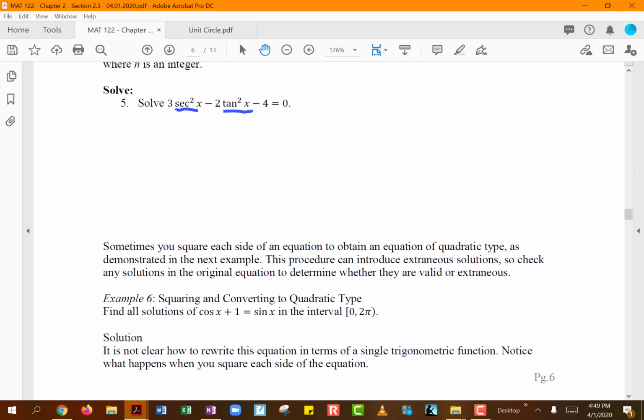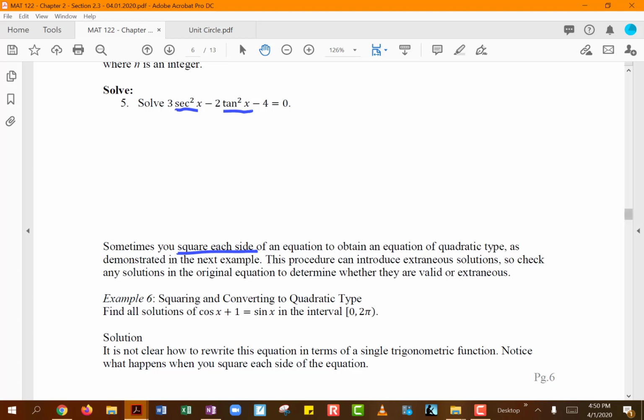Now what happens here is, sometimes instead of using square roots, we may actually have to use square on each side of our equation, so that we could actually make our equation look like a quadratic type of an equation, and then use factoring or the quadratic formula to help us solve this.